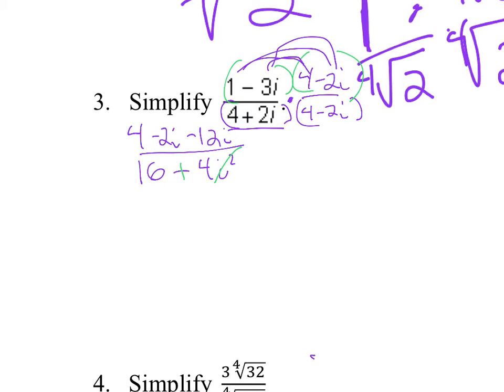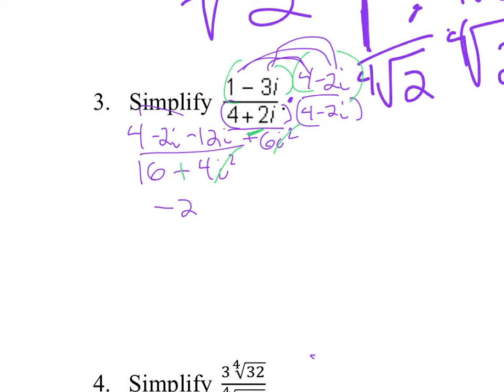Negative 3i times negative 2i is a positive 6i squared. Except remember, i squared makes this actually a negative. So I end up with 4 minus 6, which is negative 2. I'm going to be confused because it didn't come out nice.